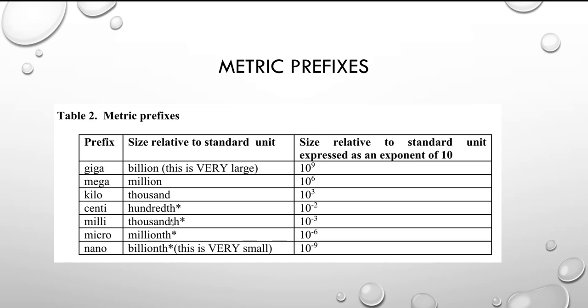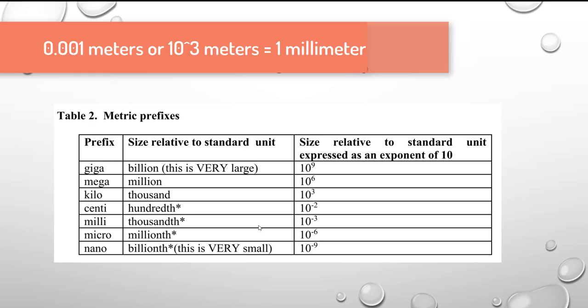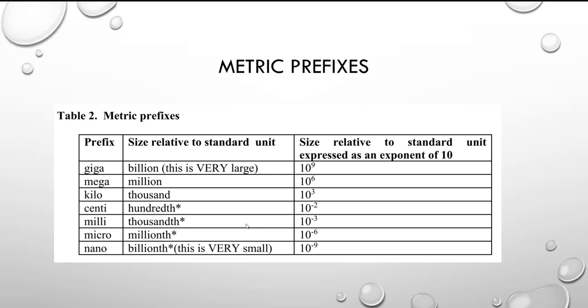Milli is thousandth, so 10 to the minus 3, that's 0.001. It's a little easier to deal with: we're just changing the prefix.